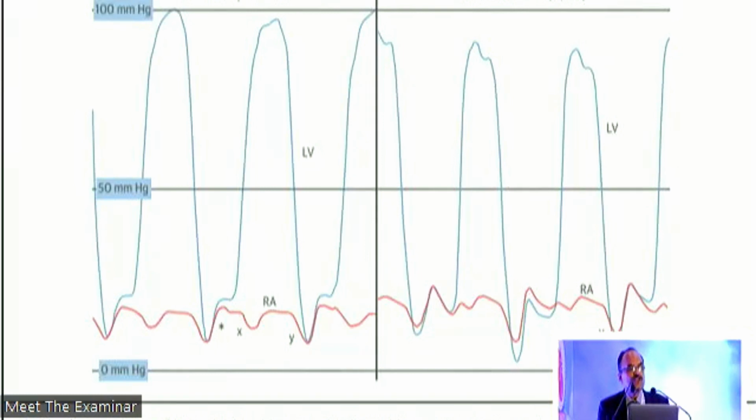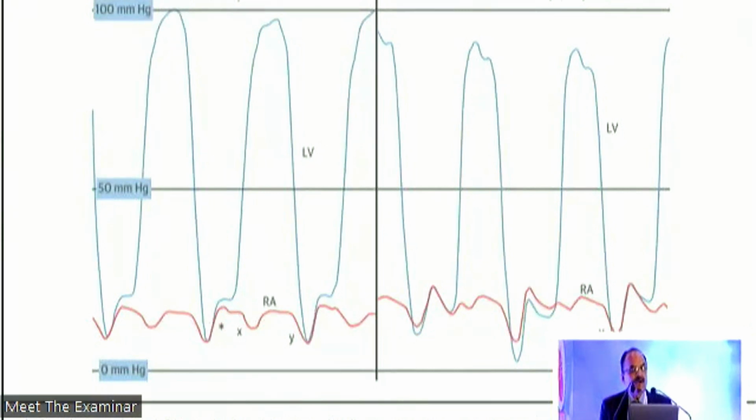So this shows the right atrial pressure tracings in restrictive cardiomyopathy and constrictive pericarditis. Now, the blue ones are the ventricular tracing, and the red one is the right atrial tracing. And as we can see, on the left side is constrictive pericarditis.